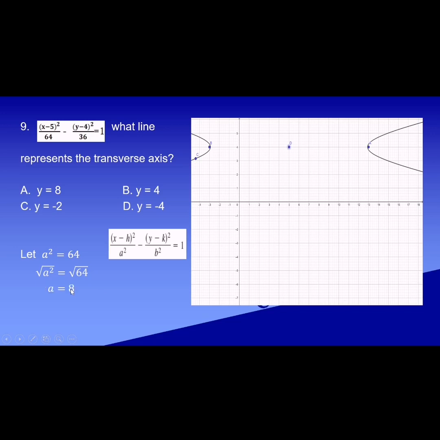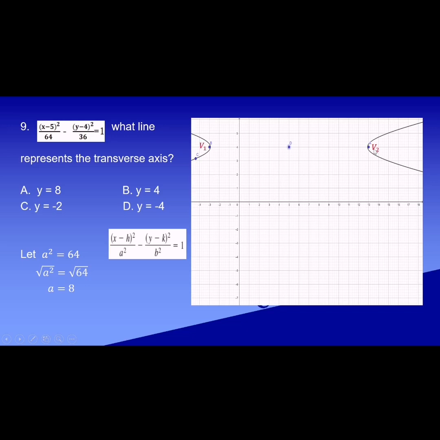So let a squared equal 64, squaring both sides. The square root of 64 is 8. Each vertex is a units away from this center. Same with the other vertex, that is b sub 2.